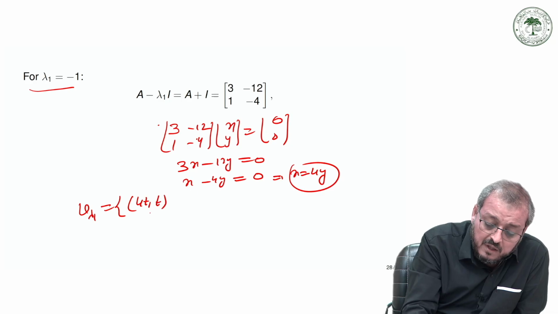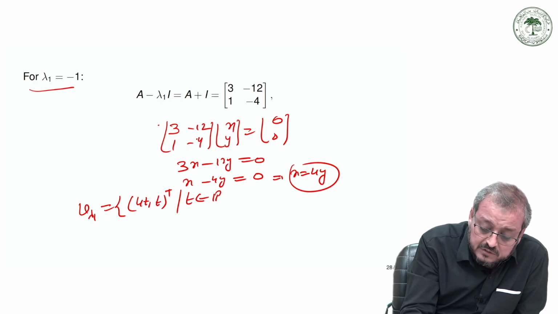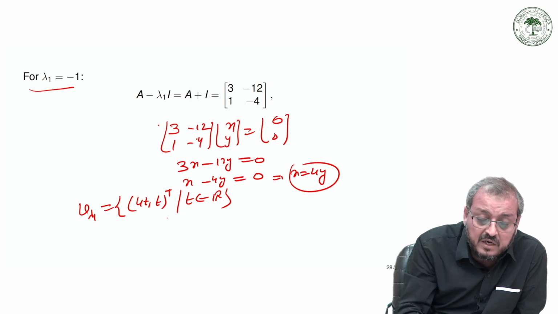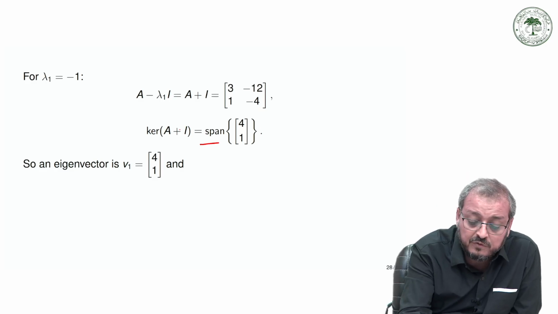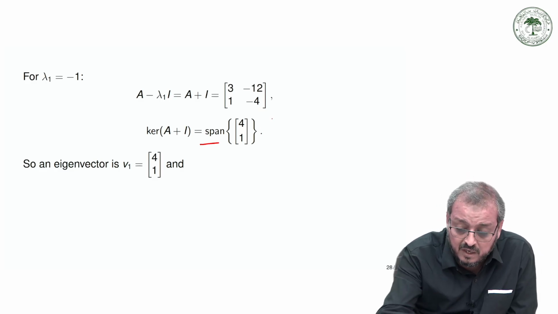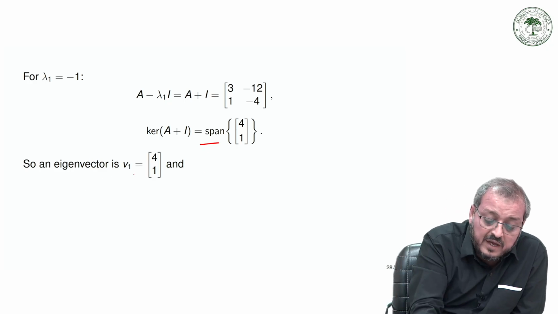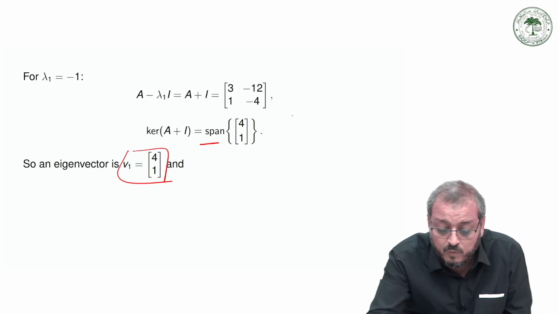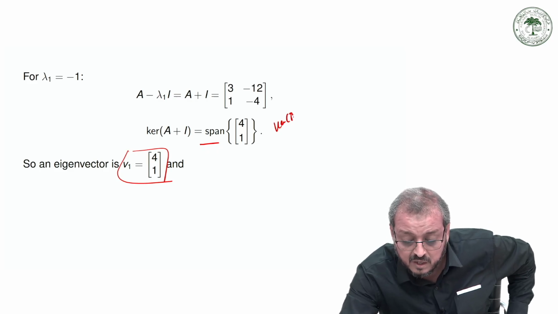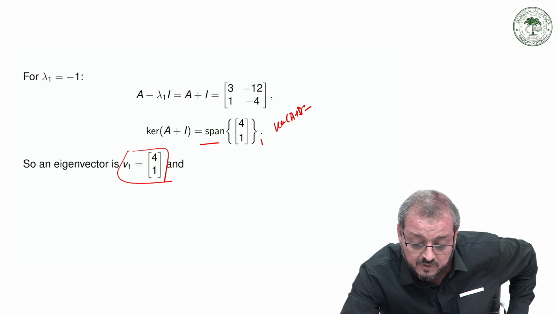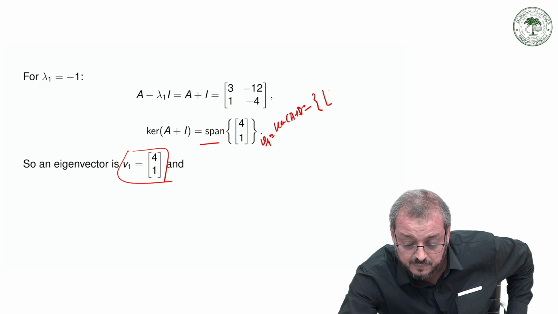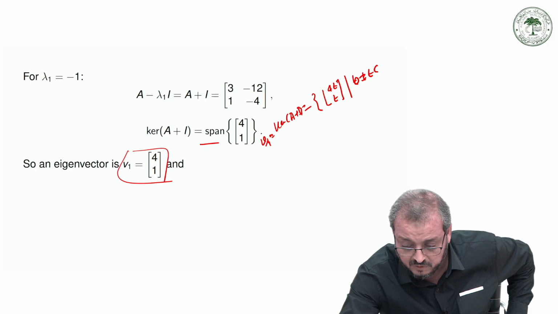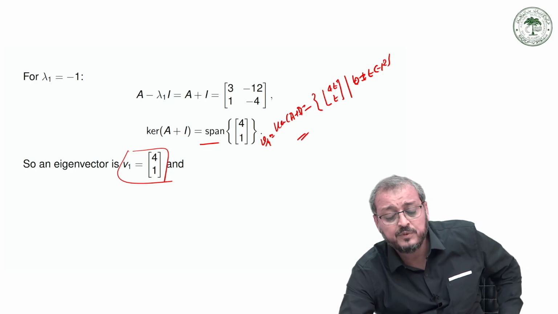Now (4t, t) transpose, such that t is an element of the real numbers. Similarly, this is equal to the span of the kernel of A plus I, which is the span of (4, 1). Let me explain why. The eigenvector v1 is equal to (4, 1), because the kernel of A plus I can be written as (4t, t) such that t is non-zero, t an element of R. And this is the span.